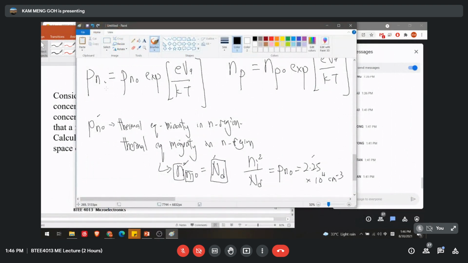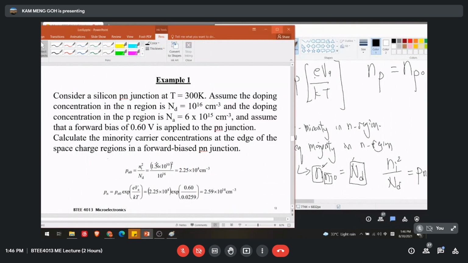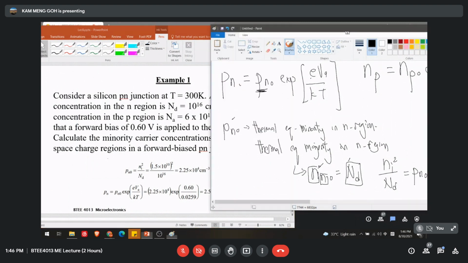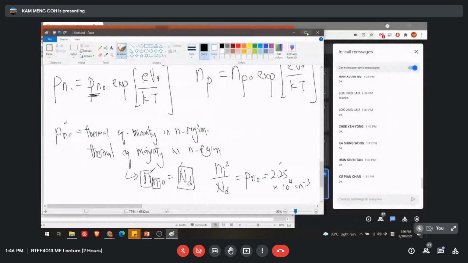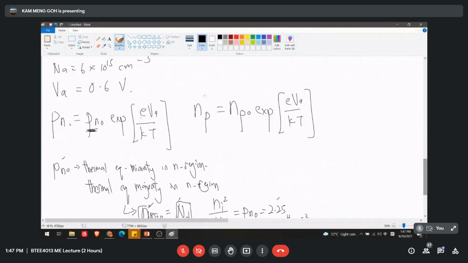Since we know this already, we can just replace inside here. KT is equal to 0.0259 as I mentioned just now. VA 0.6 is given. We just need to plug everything inside here to calculate our final answer. That's it, very simple. So right now, I want you to calculate the NPO and the NP. You can try to do it now.